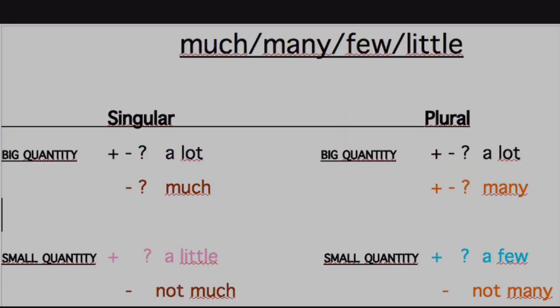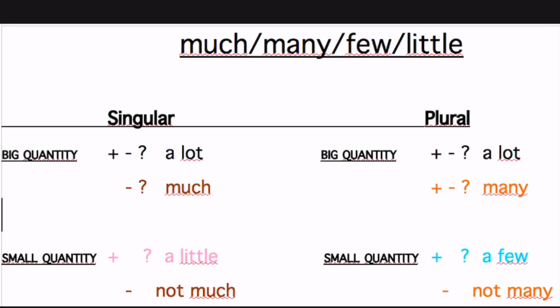Much, on the other hand, cannot be used in the affirmative, but only in the negative and in the question. So I can ask, how much does it cost? We haven't got much money.